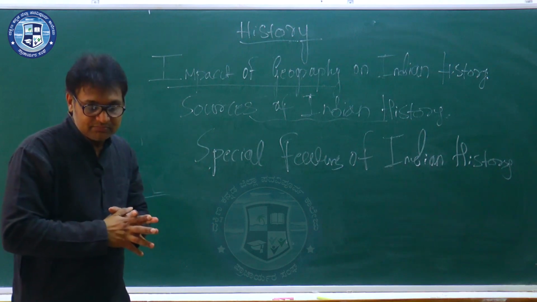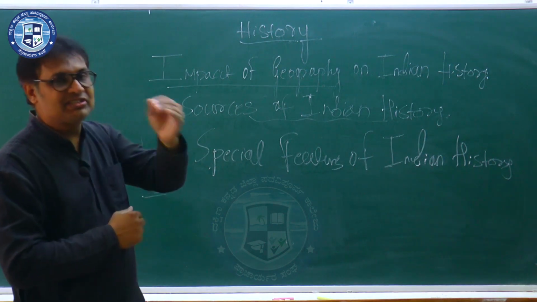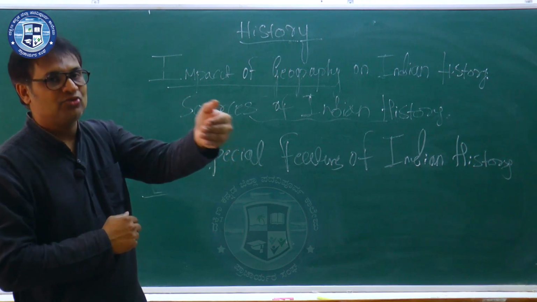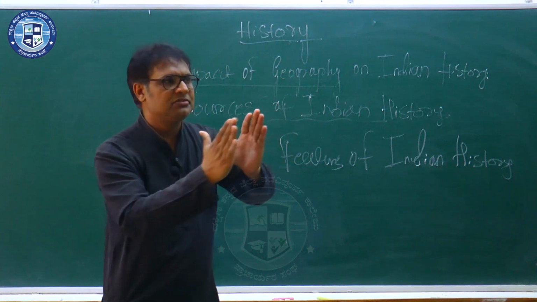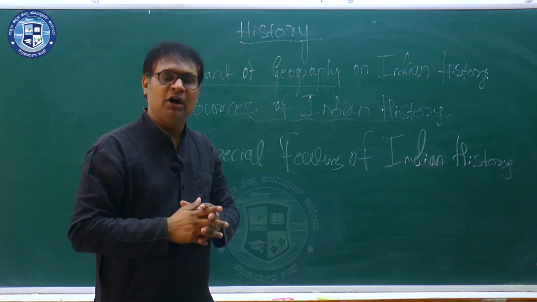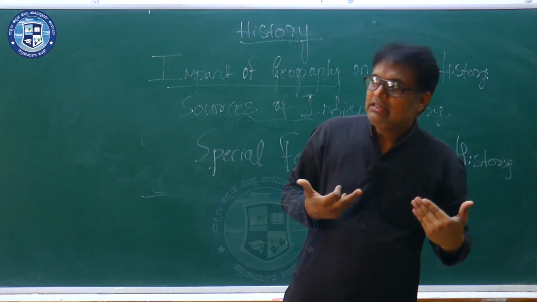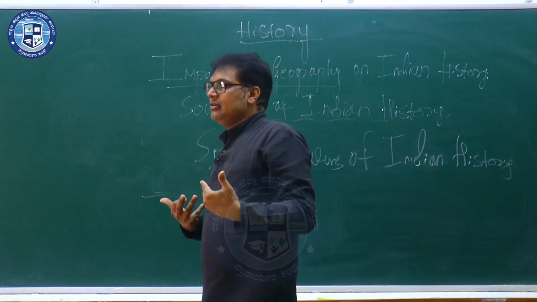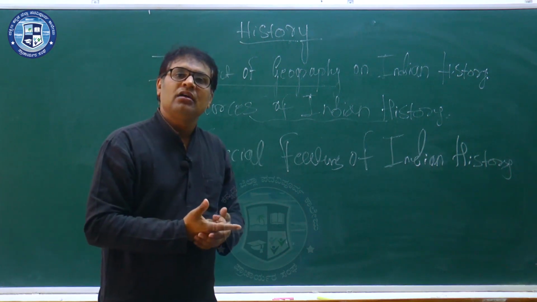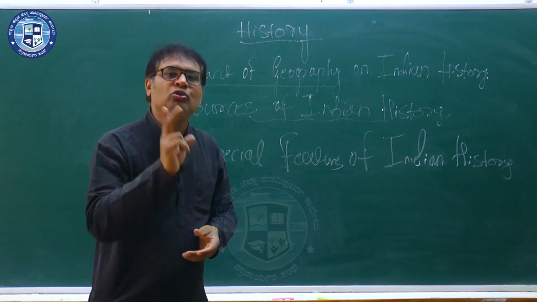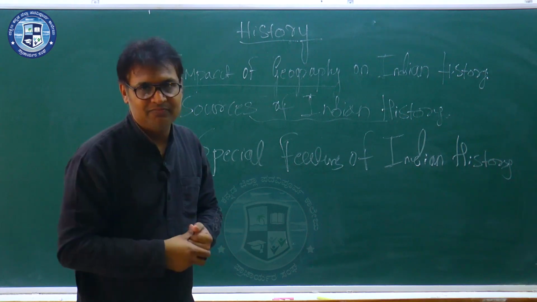Next one is attraction for foreigners, the sixth feature of Indian history. How can we define this point? I'll give you one example. Daily more than 2 lakh people visit the Taj Mahal.